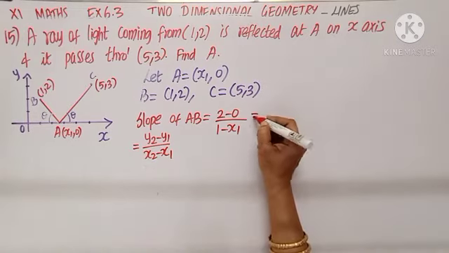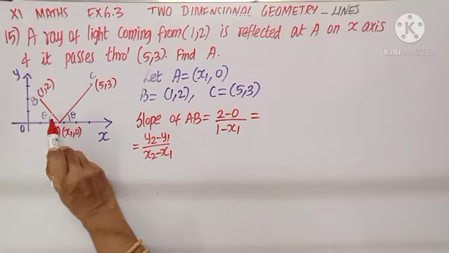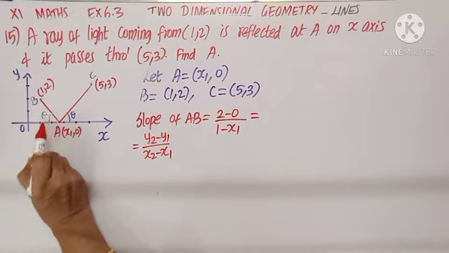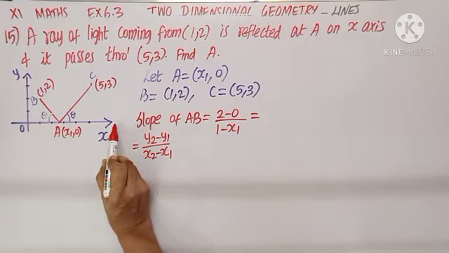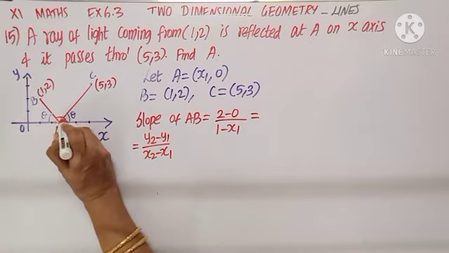I can also relate it to AB making an angle 180 minus theta. If this angle is theta with the positive side of the x-axis, it is making 180 minus theta.